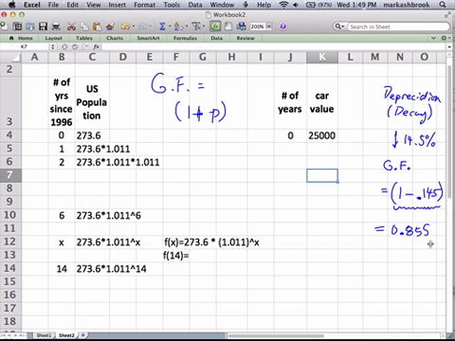Yeah, so we want to think of the decay factor as kind of like what we keep when we move on. So when we move on to the next year, it's the fraction or the portion of our previous amount that we keep. That's the key to the decay factor.